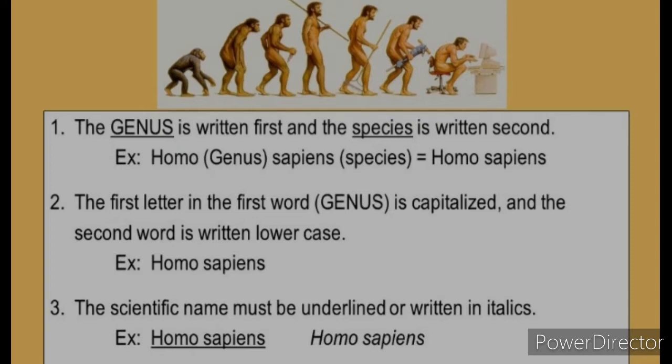Fourth point, the first word denoting the genus starts with a capital letter while the species name starts with a small letter. And we discussed the example, human beings: the binomial nomenclature, the universally accepted name, is Homo sapiens.